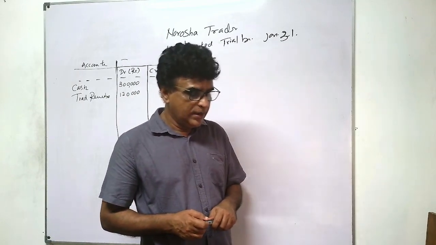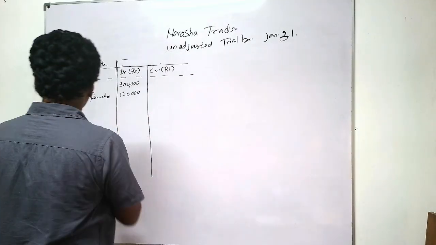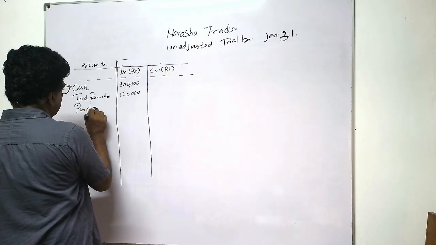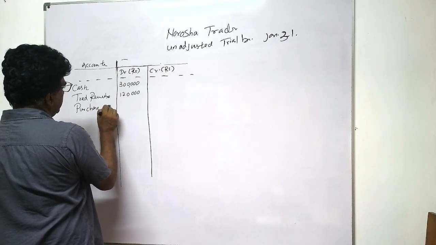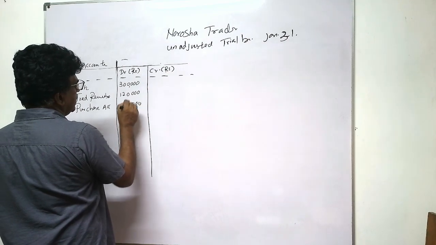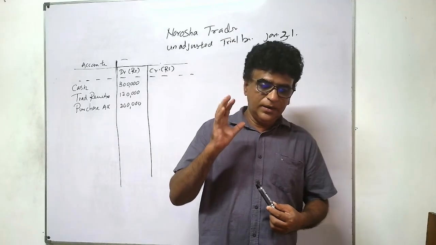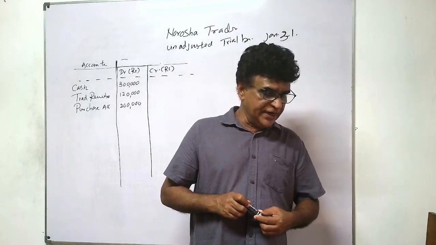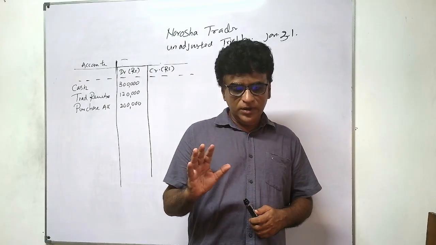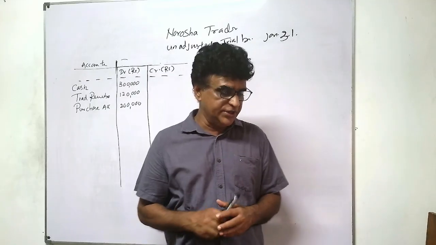And next, the purchase account 200,000. Right? These are GL balances extracted from the general ledger, right? Now here we are not going to prepare T accounts, right? That is already done. Now we have extracted those from the GL, right?